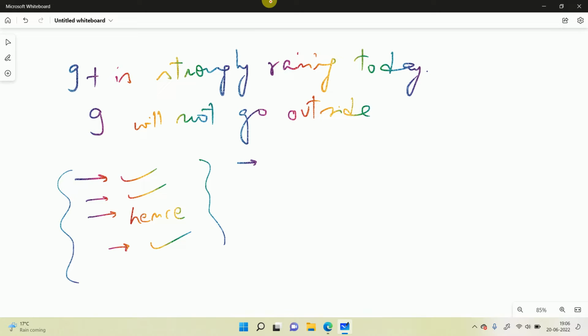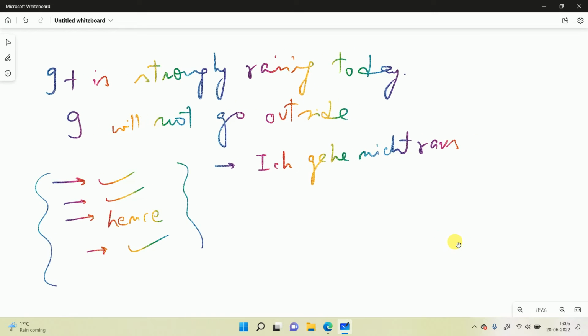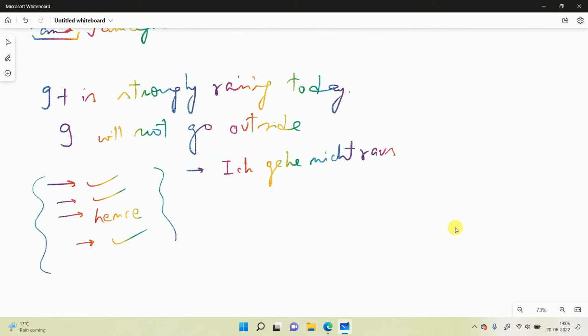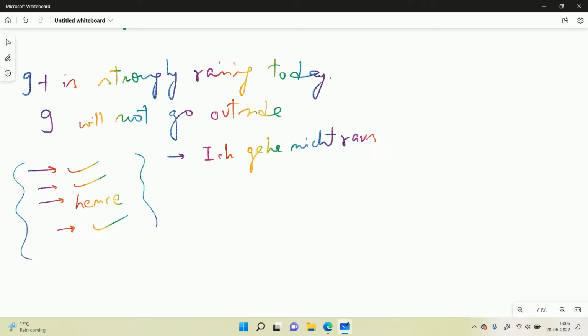This sentence will be something like: Ich gehe nicht raus. Raus bedeutet outside. I will try to put it in one line only: when es stark regnet. We'll talk about this conjunction later on.